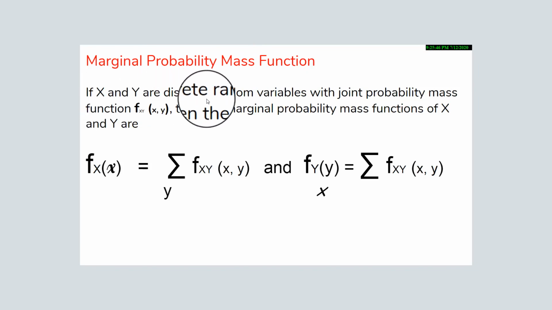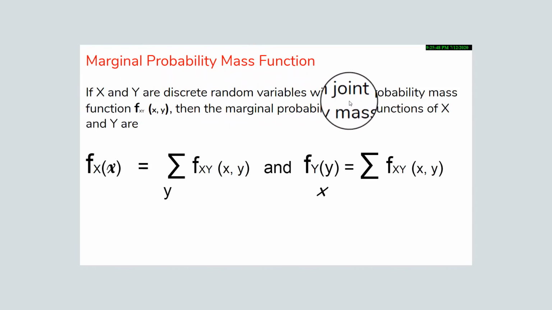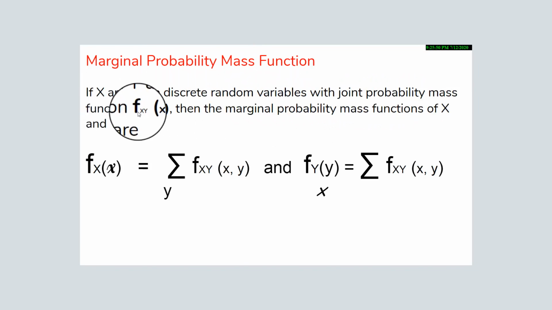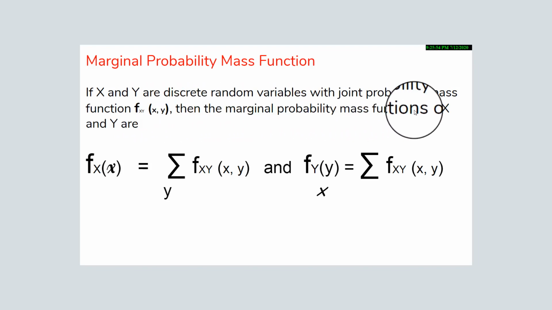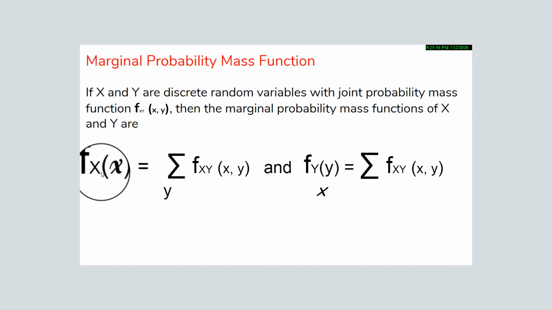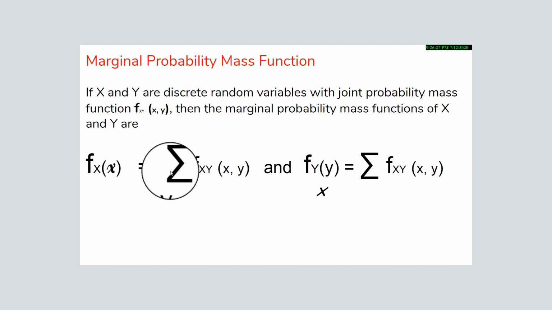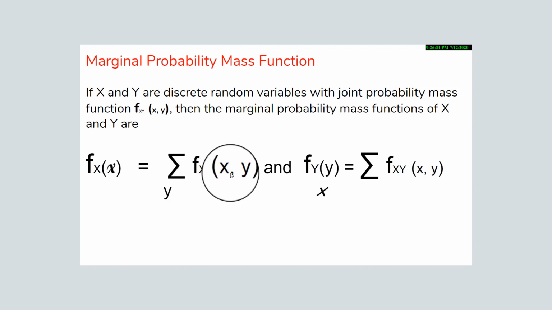If X and Y are discrete random variables with the joint probability mass function f of x comma y, then the marginal probability mass functions of X and Y can be written as f of x is equal to summation over y of f of x comma y.